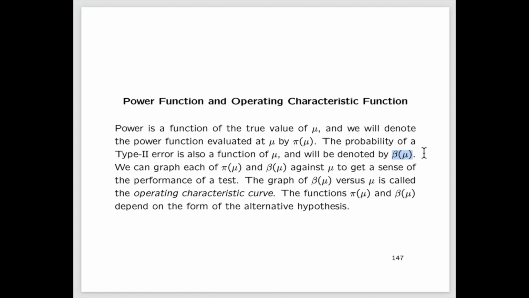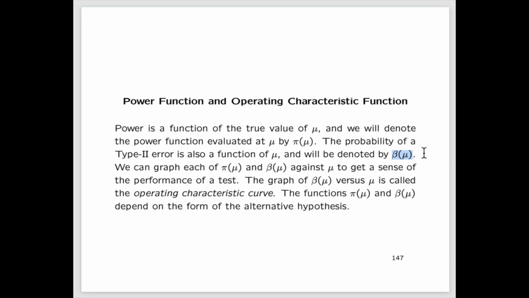We can graph each of these functions, the power function and the beta function, against mu to get a sense of the performance of the test. The graph of beta versus mu is called the operating characteristic curve, and the graph of the power function versus mu is just called the power function graph.